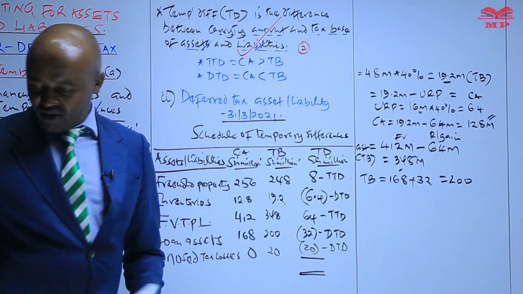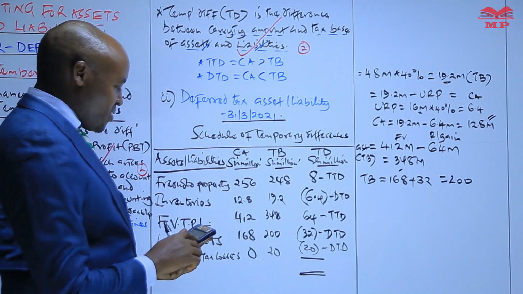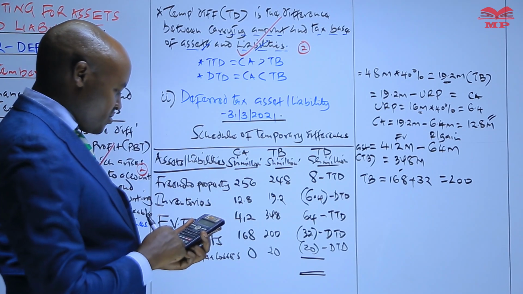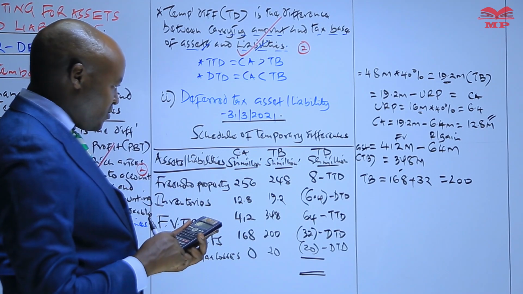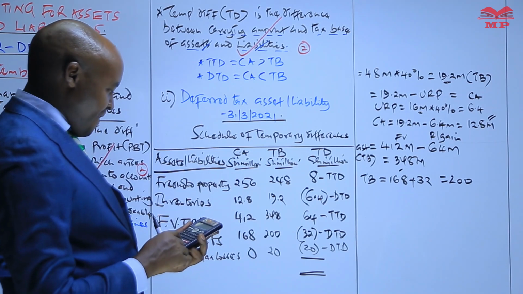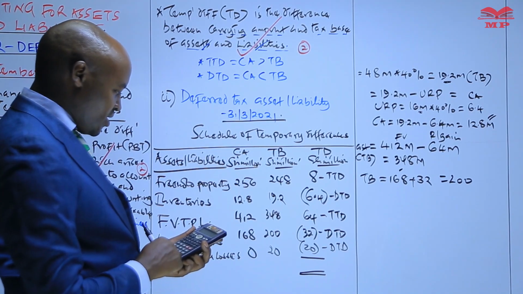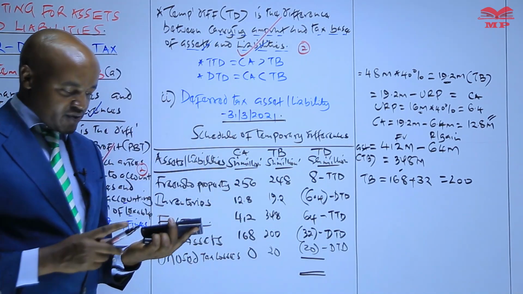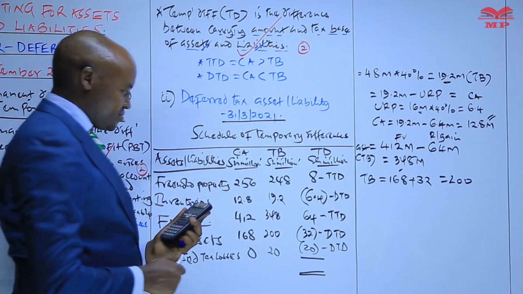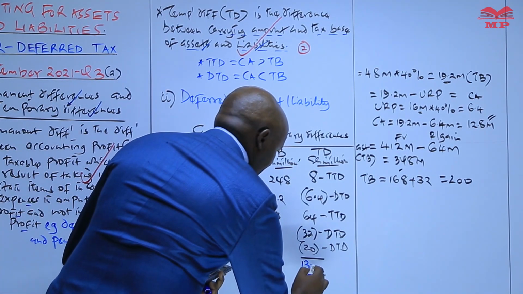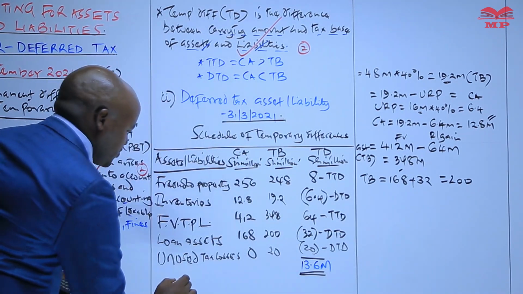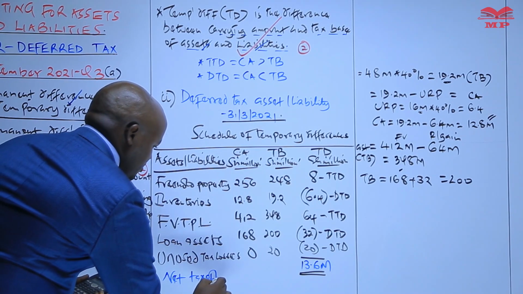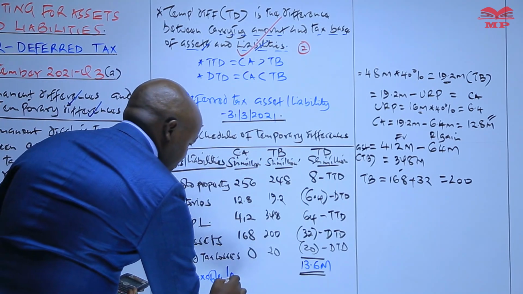So what we need to do here is get the net amount. So we have 8 minus 6.4 plus 64 minus 32 minus 20, which will give us 13.6, and which is a positive figure. 13.6 million, and take into account it is a positive figure that will be known as the net taxable temporary difference.